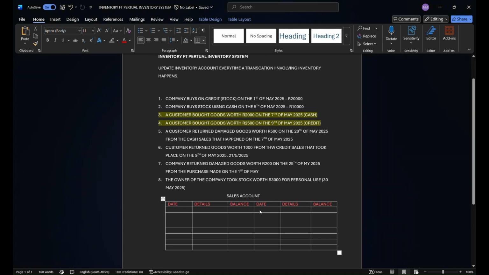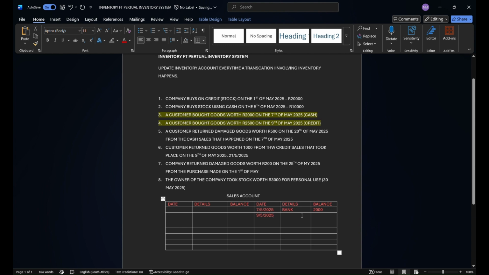The first one, which is transaction number 3, which happened on the 7th of May 2025. Since the customer bought using cash, details is going to be bank, and then the amount is going to be 2,000 Rand. And then the next one, which happened on the 9th, 2025.